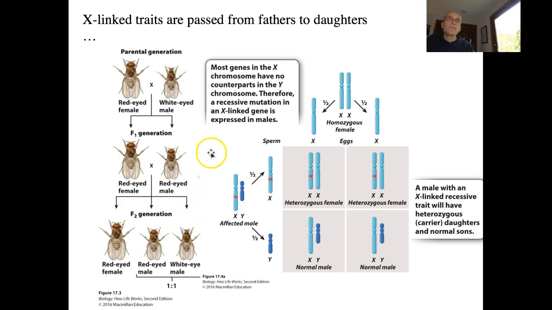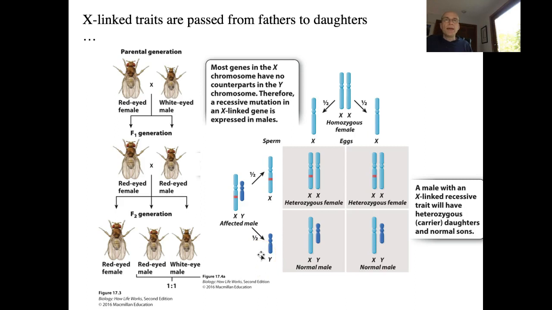So if you have an affected male, and that male has an X chromosome with a mutation on it, then that mutation will be passed down in his sperm carrying the X chromosomes, but not in his sperm carrying the Y chromosomes.